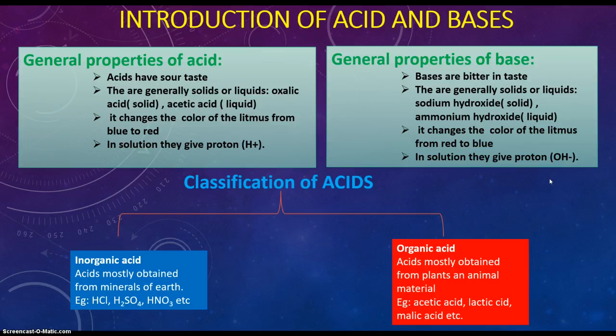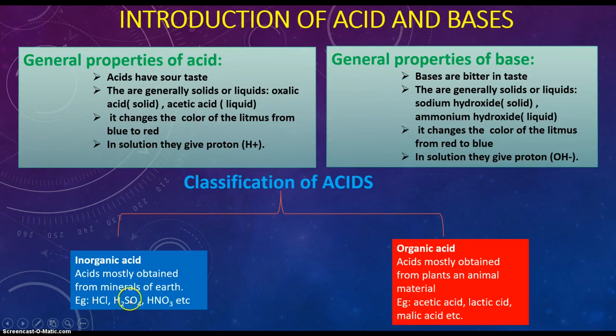Now the acids are classified on the basis of their source into two categories. First of all, inorganic acids. These are acids which are obtained mainly from minerals of earth, like hydrochloric acid HCl, sulfuric acid H2SO4, and nitric acid HNO3.